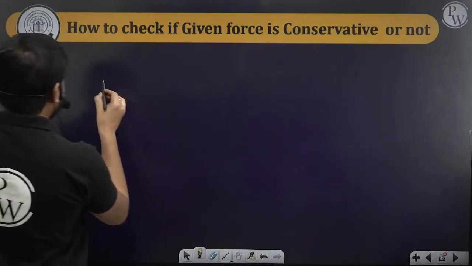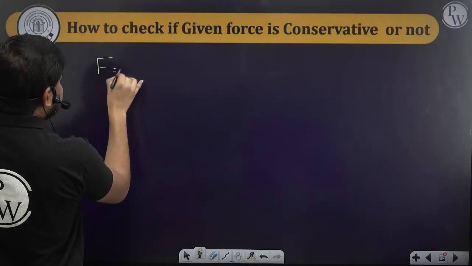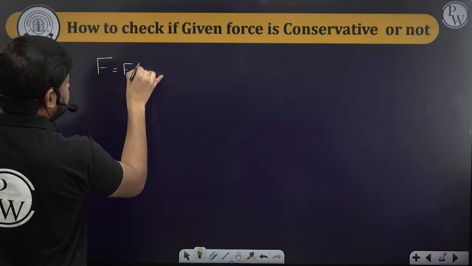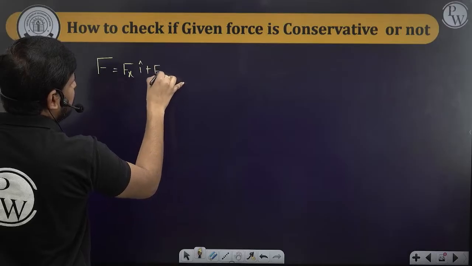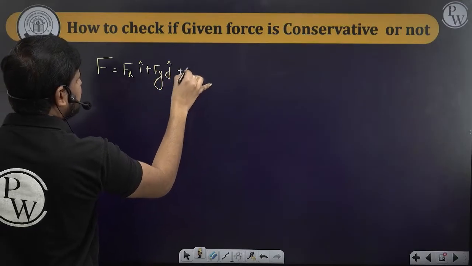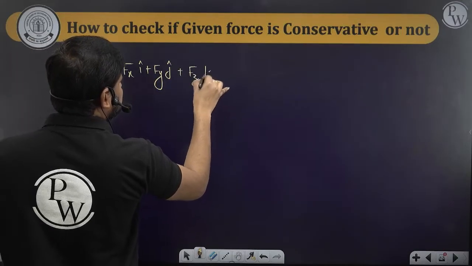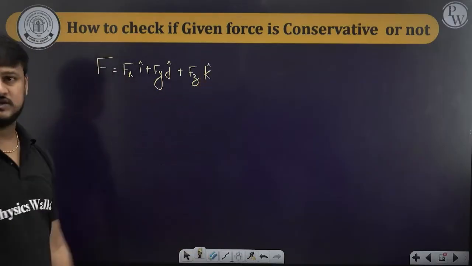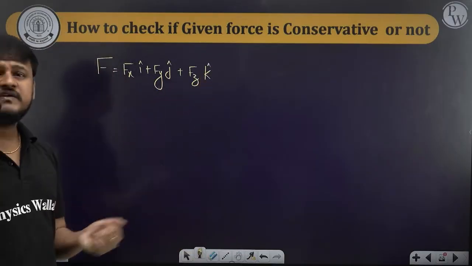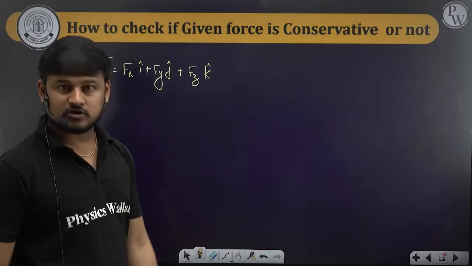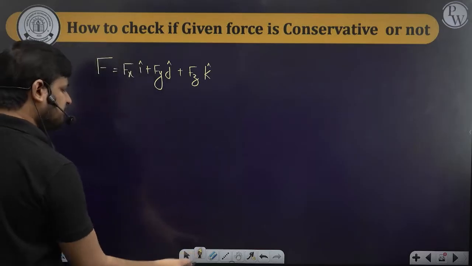Let's suppose the force is given as a function of the displacement: fx i cap, fy j cap, and fz k cap. So if the force is given in 3 dimensions, check whether the given force is conservative or not. So how do we check? Yes, we have a formula for this.